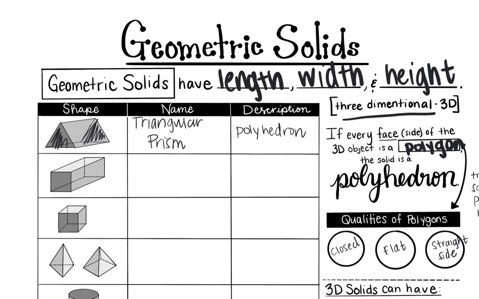So acuérdense que una figura 3D tiene anchura, largura y estatura, o sea, la altura, pues. So, largura, anchura y altura. Length, width, height. Okay, so hay tres cosas que son muy importantes que vamos a usar durante esta unidad. Okay, so la primera definición vino con el poliedro. Si todas las caras del poliedro son polígonos, podemos decir que es un poliedro.